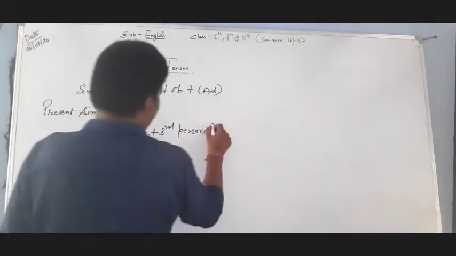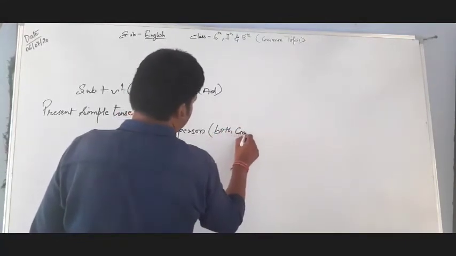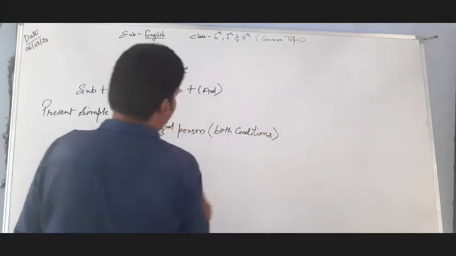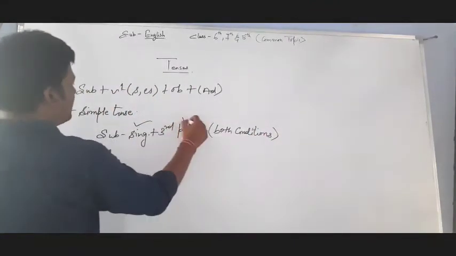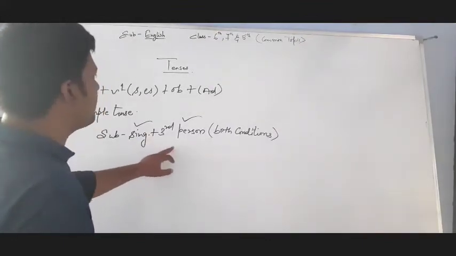Now, I have also told you that if the subject is singular plus third person, again I am repeating, that is both conditions. What I meant by both conditions is that it must be singular as well as third person. If only a single condition is there, then it would be wrong.